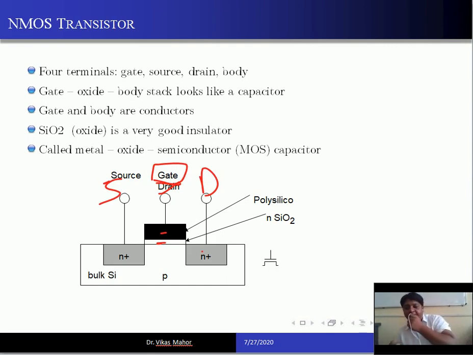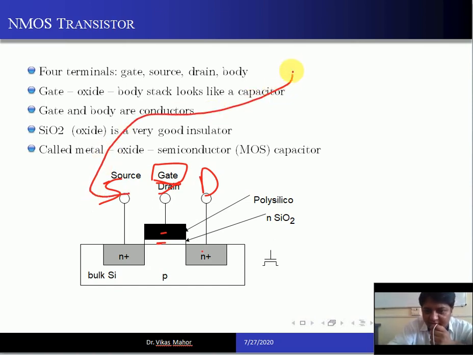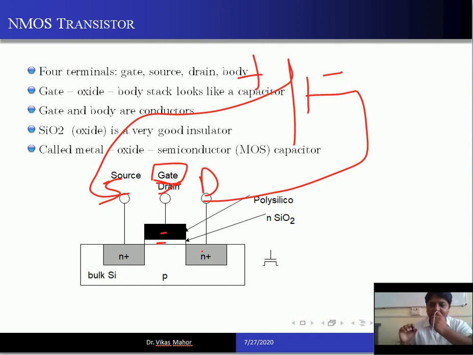Fine. Let us see how this works. Let us apply a voltage here, positive and negative terminals. What is this? A particular voltage supply. Now there is a negative electric field here, positive electric field here.